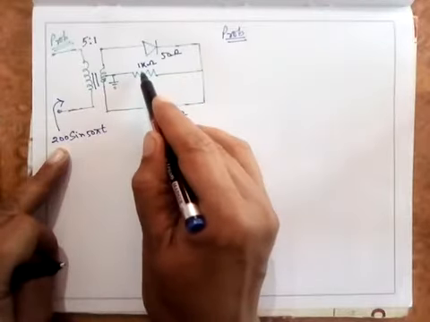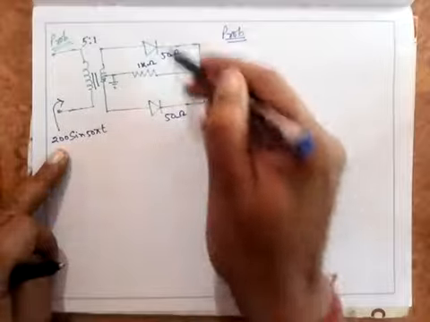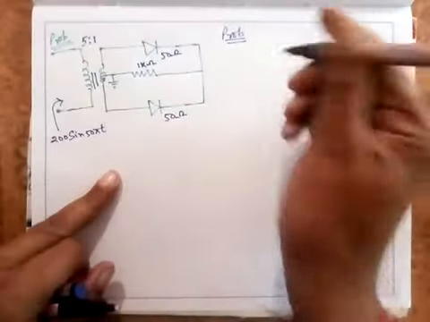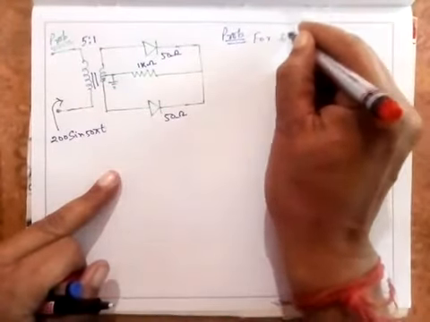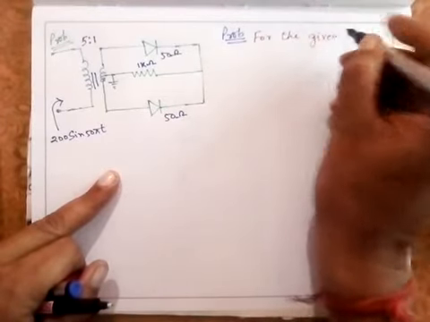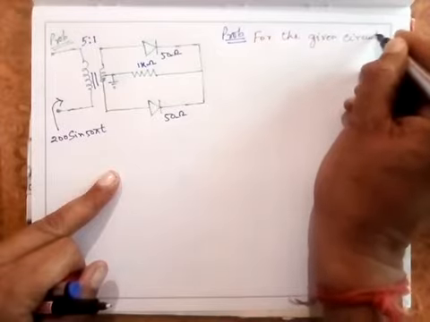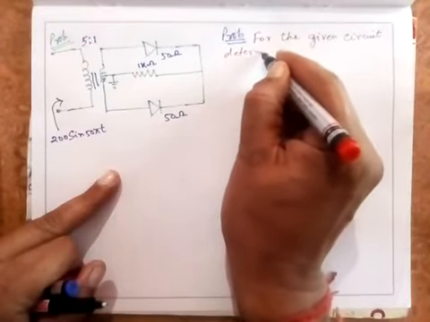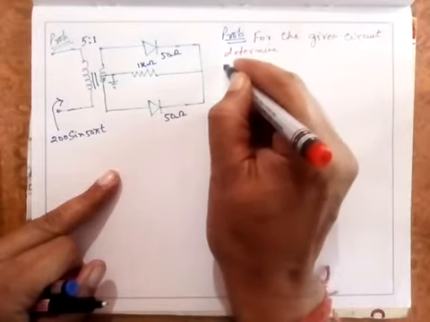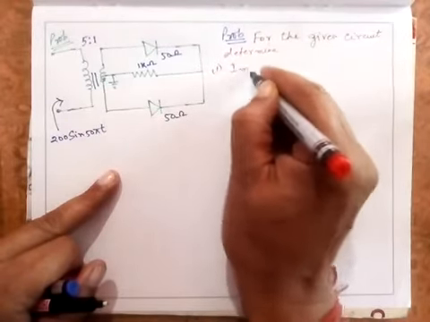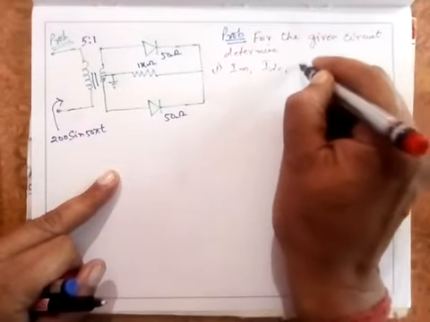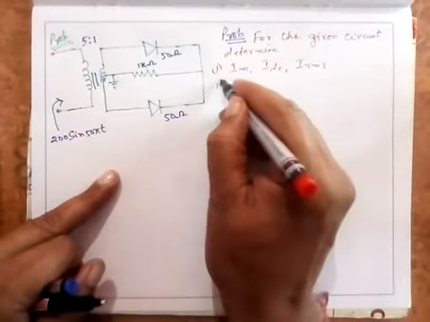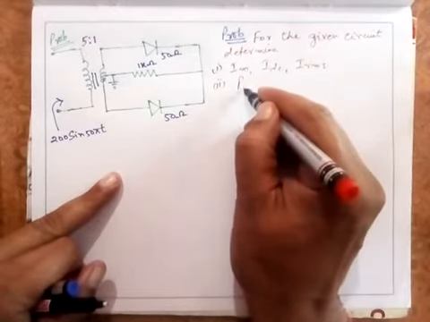If the load resistance is 1 kilo ohm and each diode has a forward resistance of 50 ohm, then for the given circuit, determine the following. First, IDC and IRMS. Second, find the value of PDC, which I have just discussed.